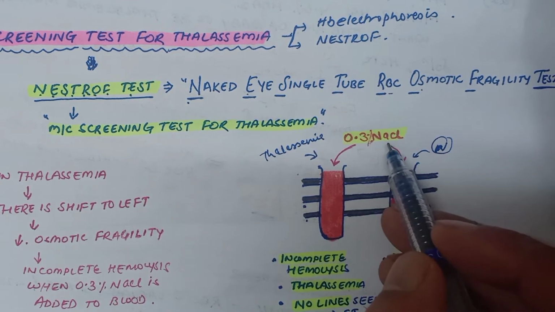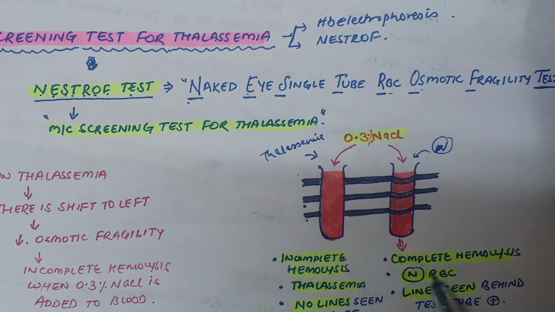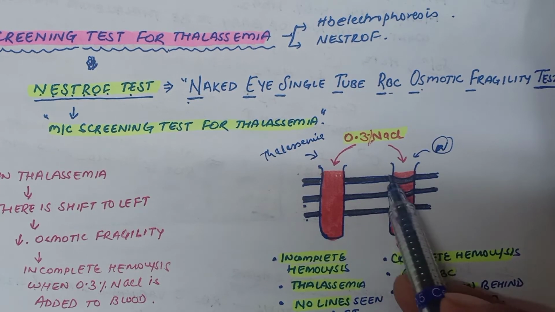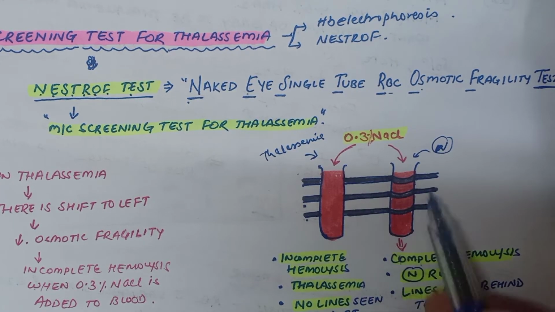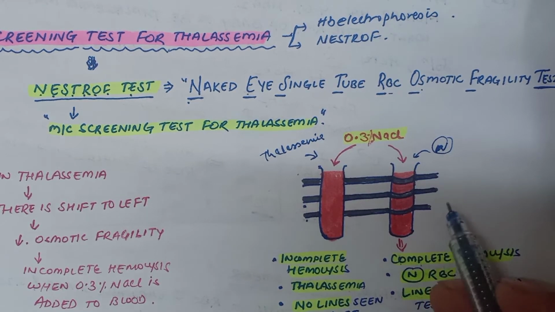So when we add 0.3% of NaCl, hemolysis will occur. In case of normal RBC, there will be complete hemolysis, and you will be able to see the line behind the test tube because of complete hemolysis in normal person.